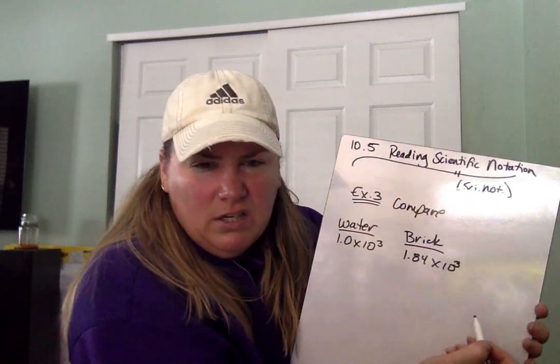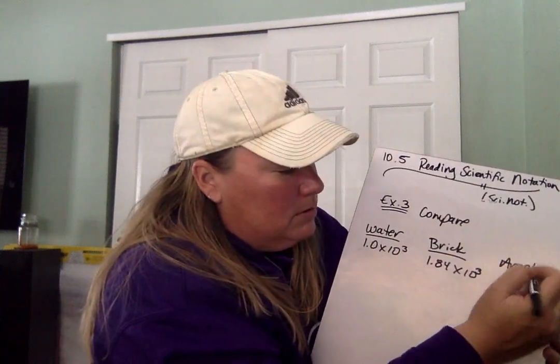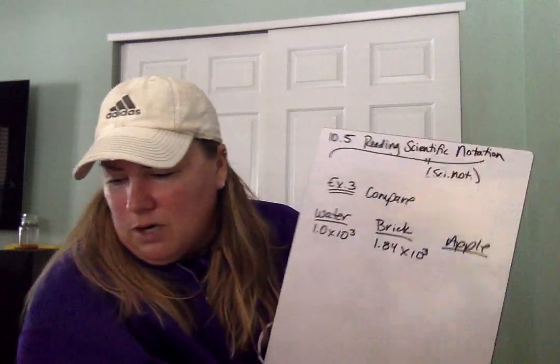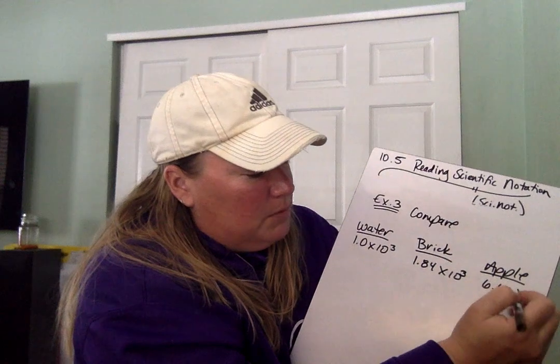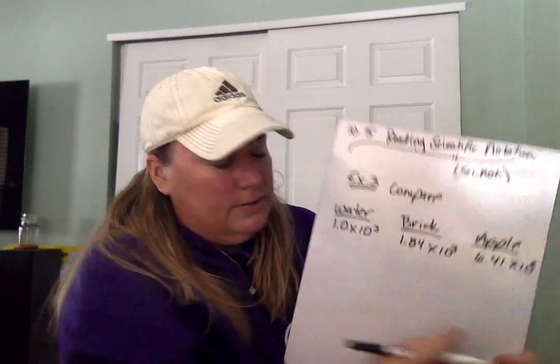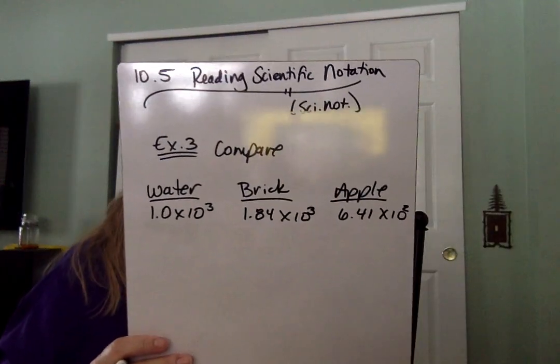Can you see that? 10 to the third. And then apple, times 10 to the second. So there's your densities of your 3.